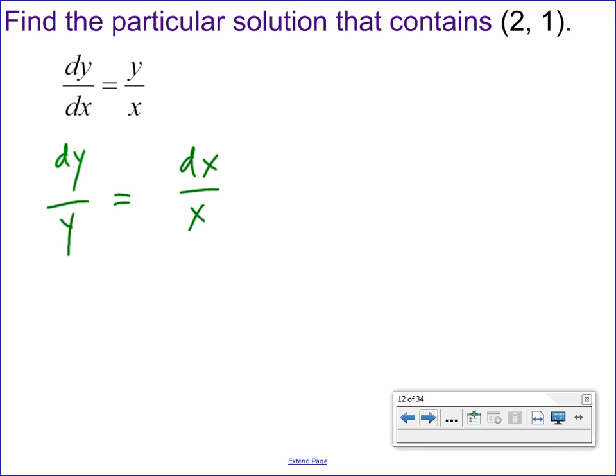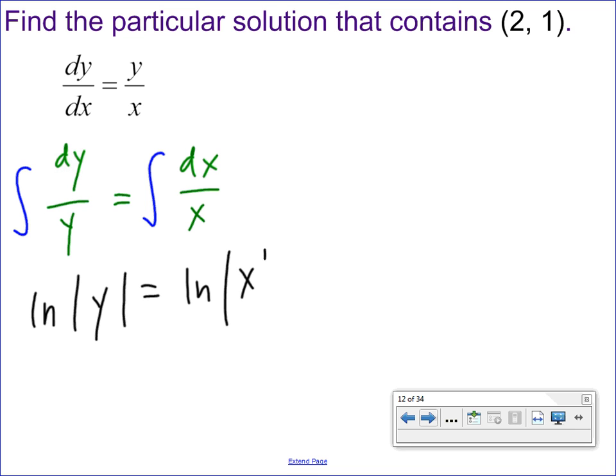And can I integrate? Yep, we'll integrate both sides, and I'll get absolute value for my inputs in each case. So ln of absolute value of y equals natural log of absolute value of x plus c.